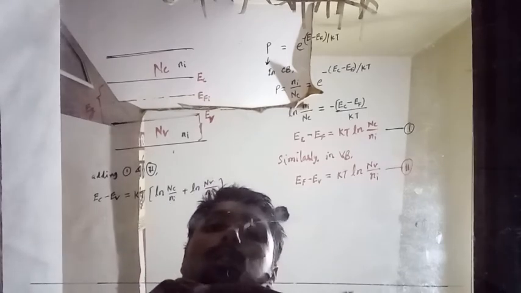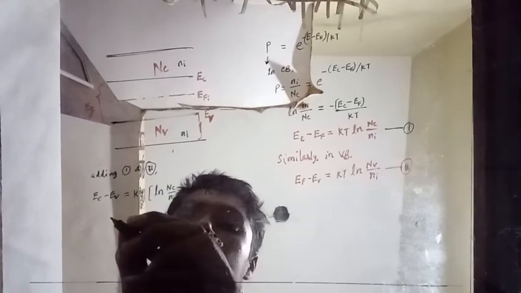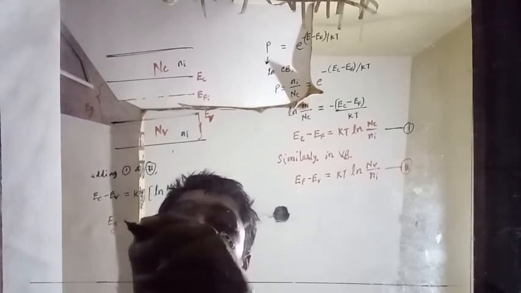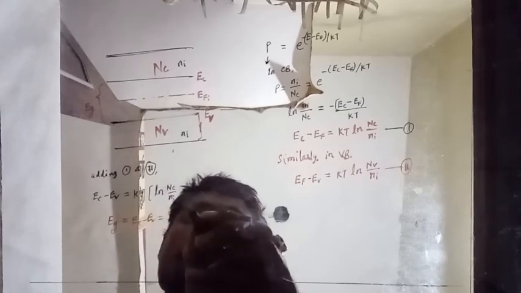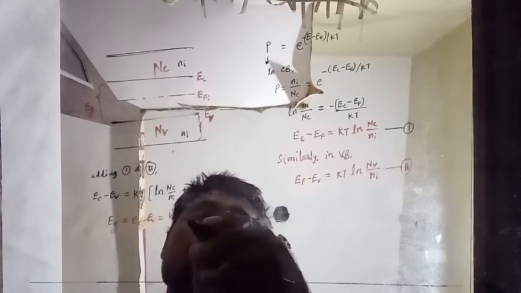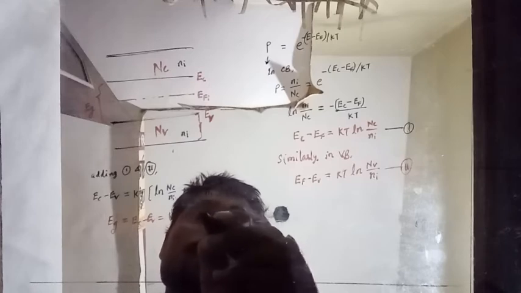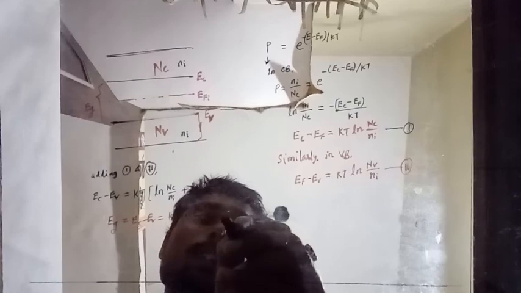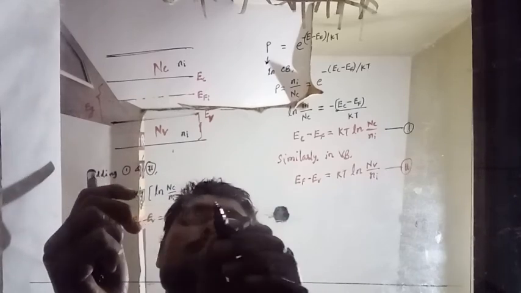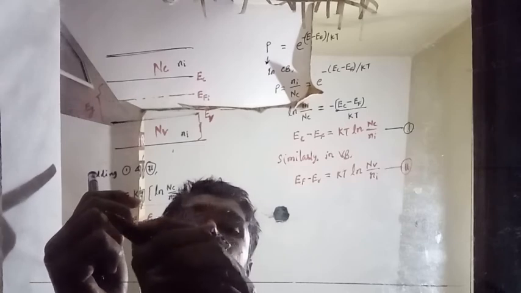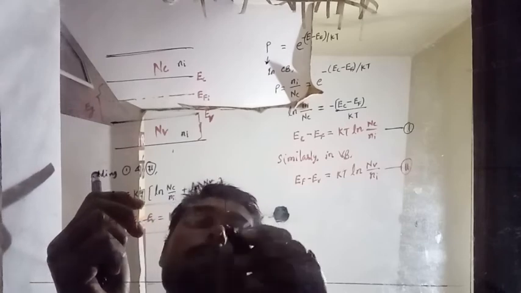So simply Eg, which means Ec minus Ev, is KT ln Nc Nv upon Ni squared, because in logarithms the terms get multiplied with each other. And this is our final equation of the band gap.